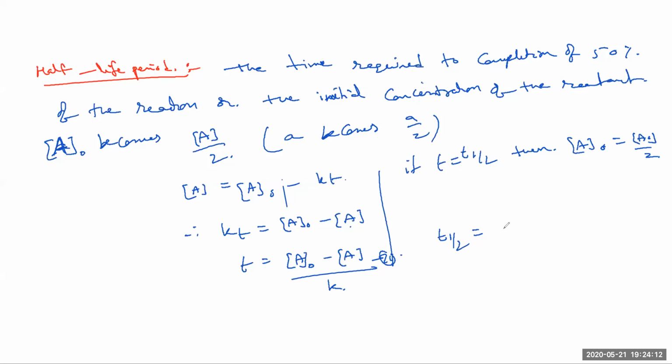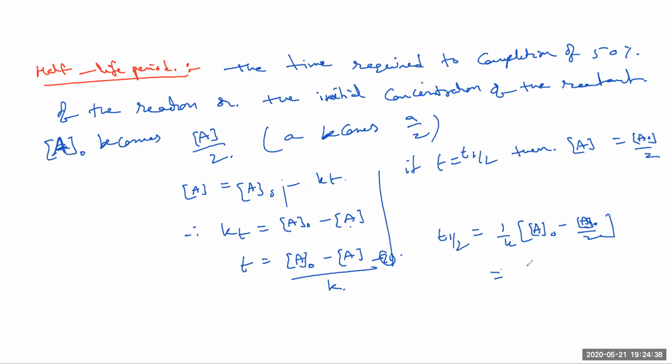T half is equal to 1 by K into concentration of A naught minus that. A becomes A naught, so the change in concentration becomes A naught by 2. So what is the 1 minus half?